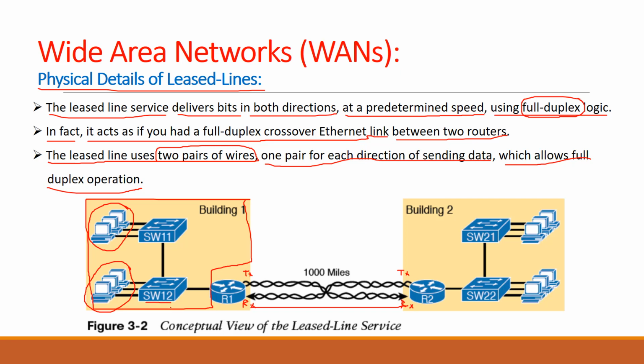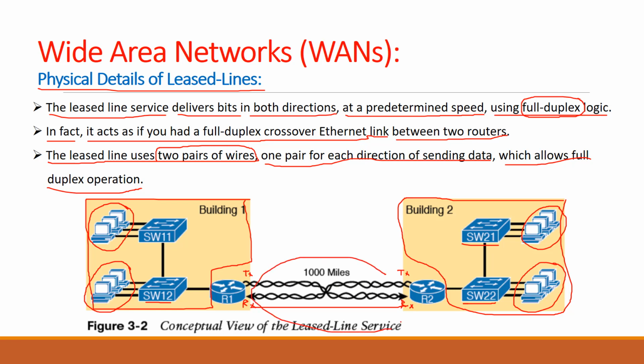And eventually we need to connect this LAN to another LAN in another building, building 2, which contains hosts that are connected to switch 21 and hosts connected to switch 22. So we will use a router on each site, and we will connect these routers using a leased line that can support long distances, and in this example supports up to 1,000 miles.